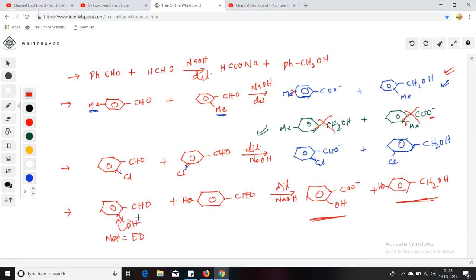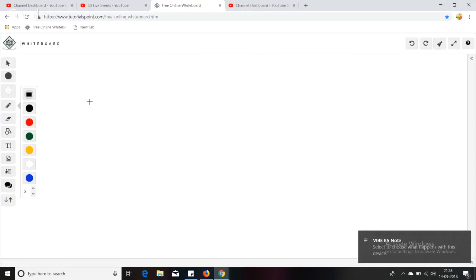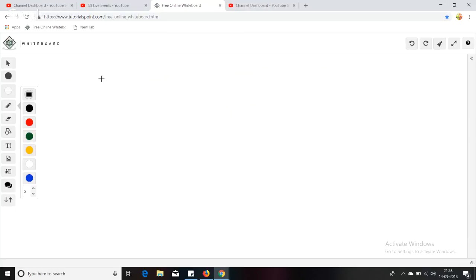So the logic we have for a compound to get oxidized is the tendency to donate hydride ion. The compound which can donate hydride ion will be easily oxidizable.